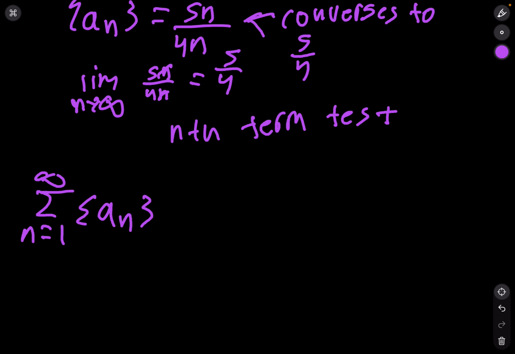The nth term test states that if we take the limit as n approaches infinity of a sub n and it is equal to something other than 0, so it's not equal to 0, the series diverges.